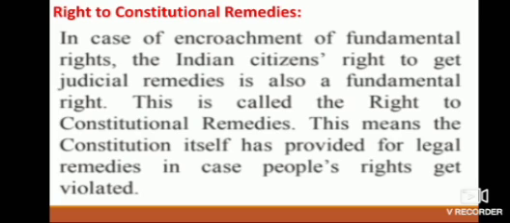This is called the right to constitutional remedies. This means the constitution itself has provided for legal remedies in case people's rights get violated. So it becomes a constitutional duty of the courts to protect the rights of the people.